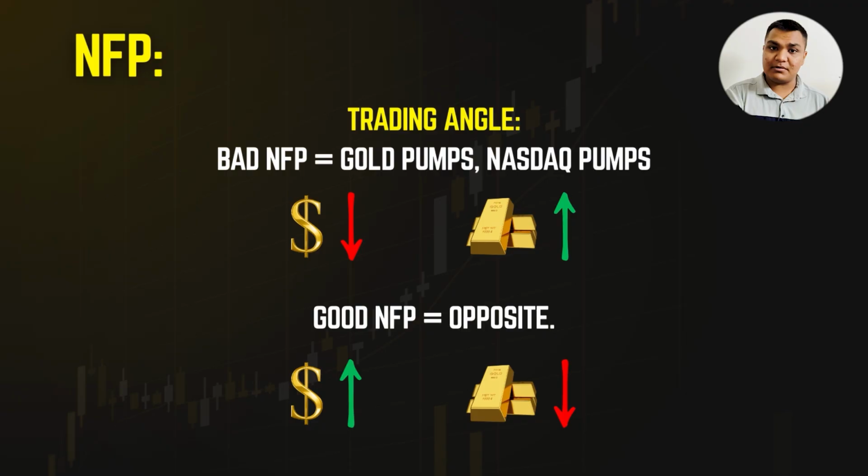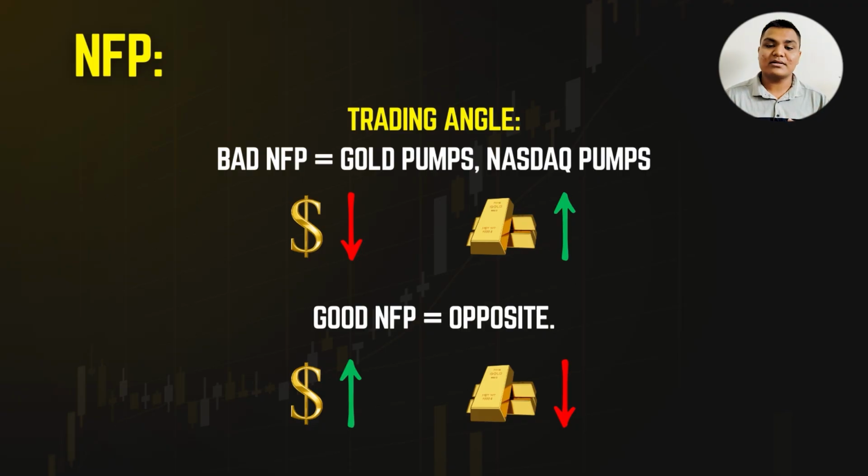If it is a bad NFP, which means we get less job data, then gold, Nasdaq and all these things may strengthen, like we can see bullish momentum, as the US economy or the US DXY, which is the dollar index, may show some weakness.